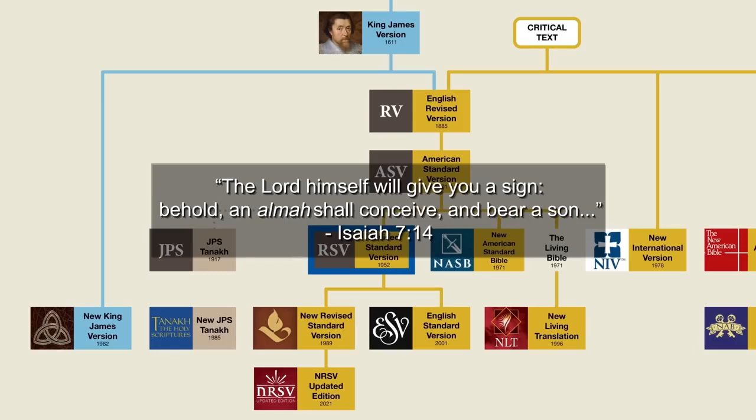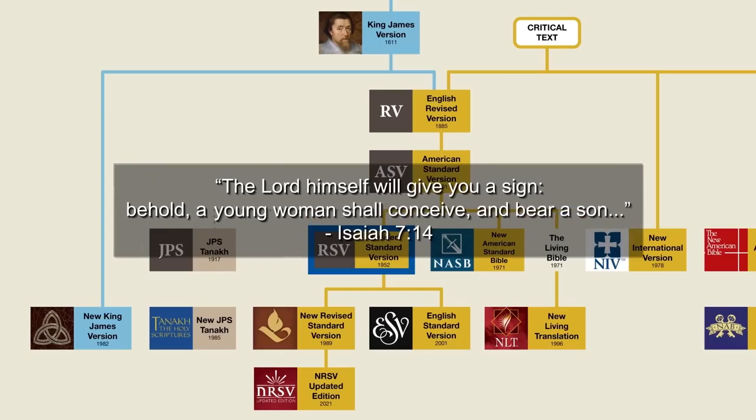So the RSV changed this verse to, "The Lord himself will give you a sign. Behold, a young woman shall conceive and bear a son." Christians understand this verse as being a direct reference to Jesus. So the change, although arguably more accurate, made a lot of people unhappy.